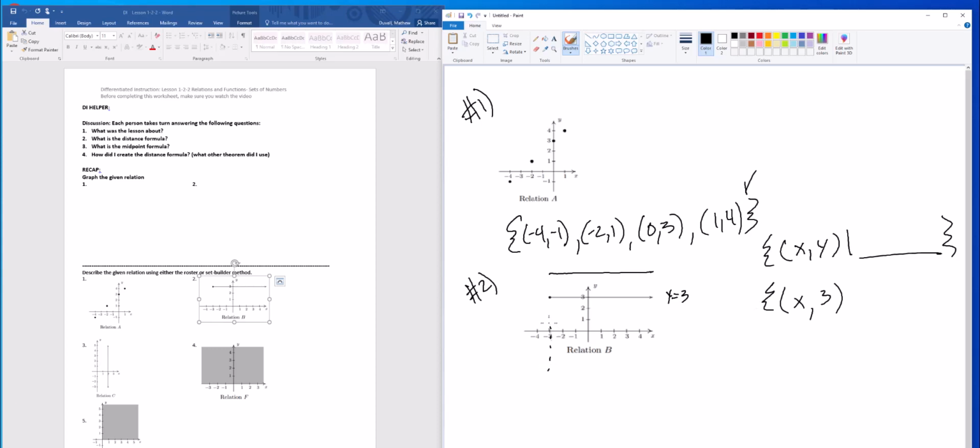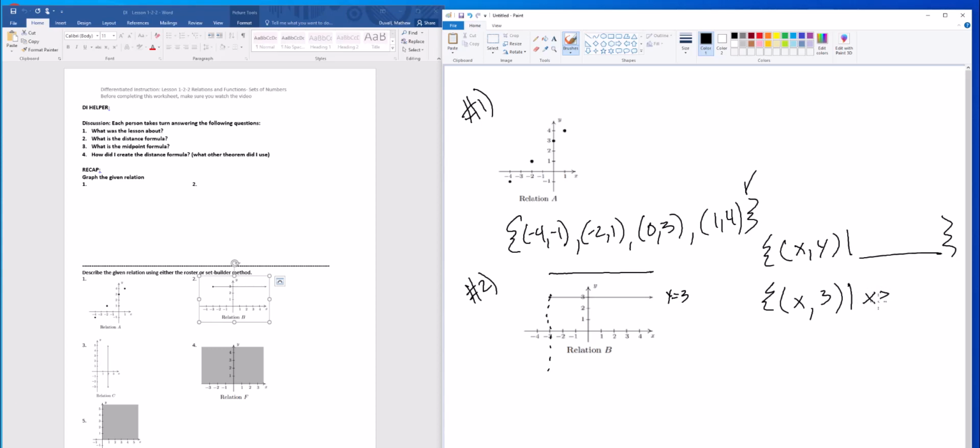It seems to be starting at -3, and x is greater than that -3.